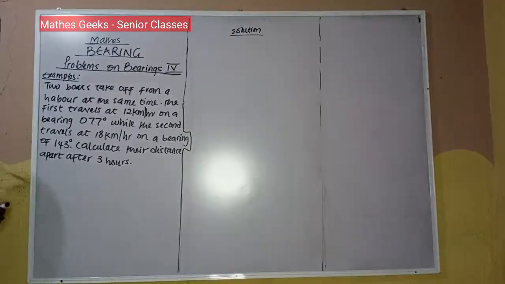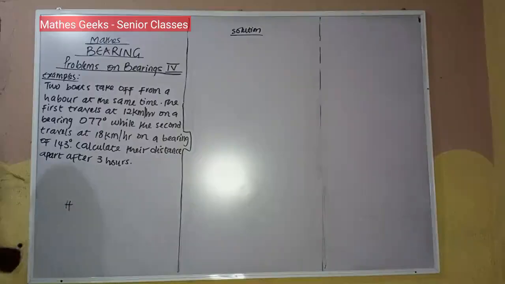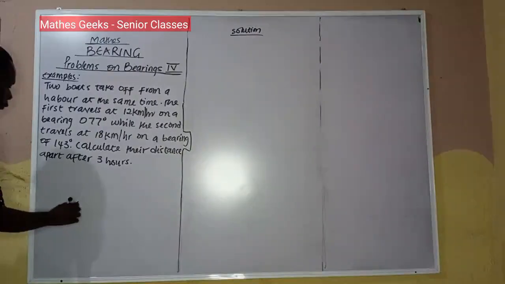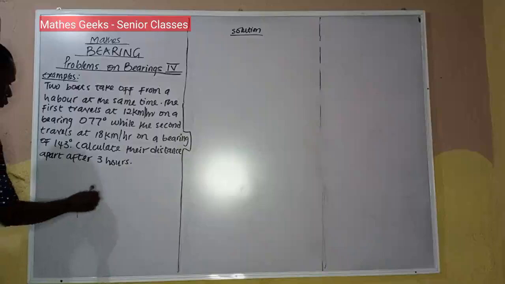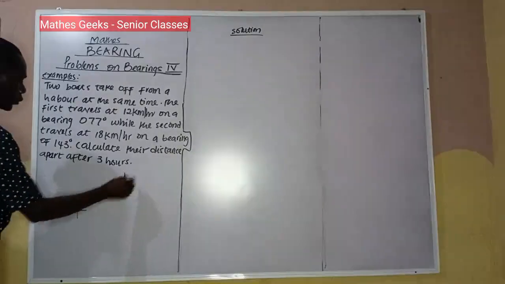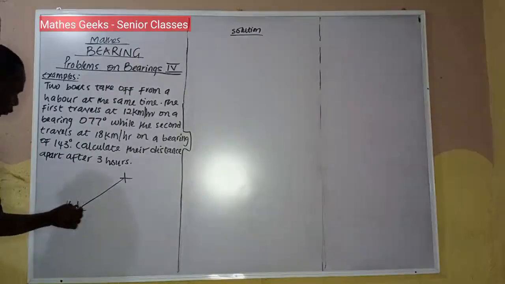So two boats take off from a harbor at the same time. Let's label the harbor H. The first boat travels at 12 kilometers per hour on a bearing 077 degrees, and the second one travels on a bearing 143 degrees.